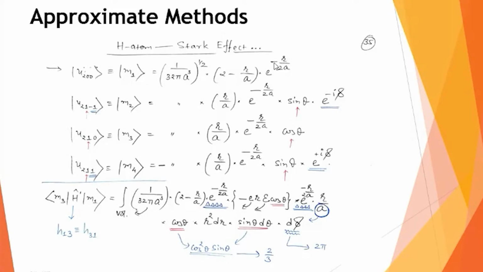So these are the common things. The only difference is that in the first expression, where L is 0 and M is 0, you have a 2 minus r upon a. Whereas in all the remaining three equations, where L is 1, which I have marked with a red line, this r upon a is common. You can see everywhere it is r upon a.